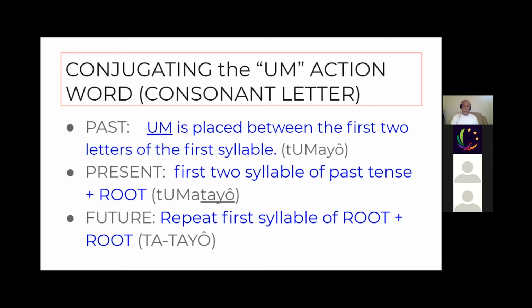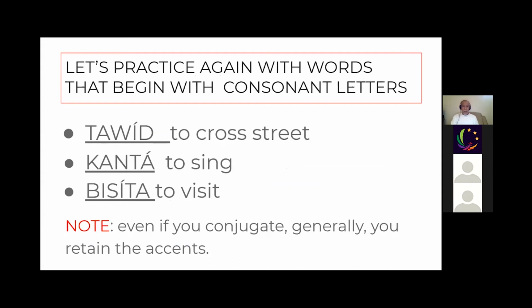Are we good? Okay, so let's practice again with the words that begin with the consonant letter. So how do you conjugate "to cross the street"? Past tense? Go ahead, Anne.